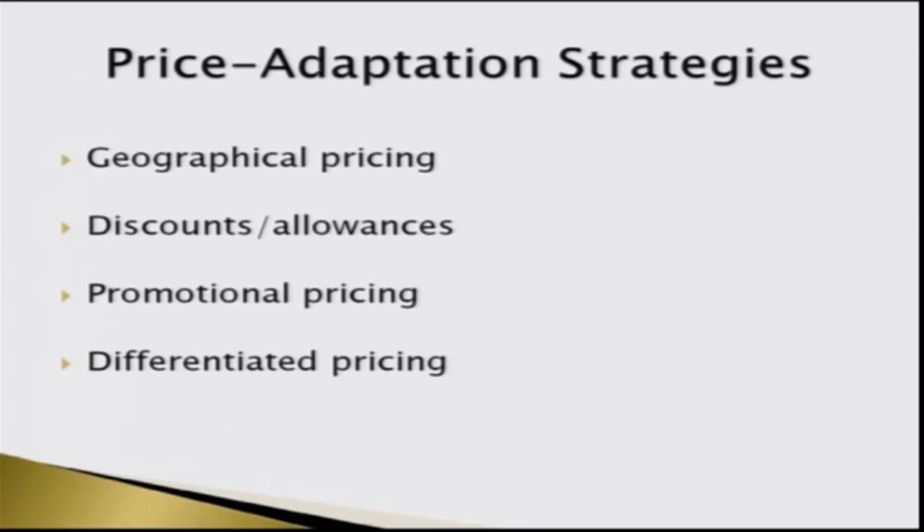In geographical pricing, which is very obvious when you move from one place to another, particularly from one country to another, or sometimes from one city to another, or one state to another, you will find that prices vary. And why do the prices vary?